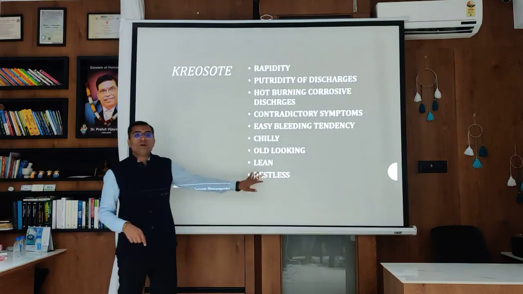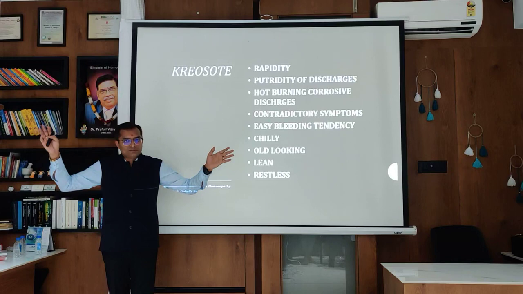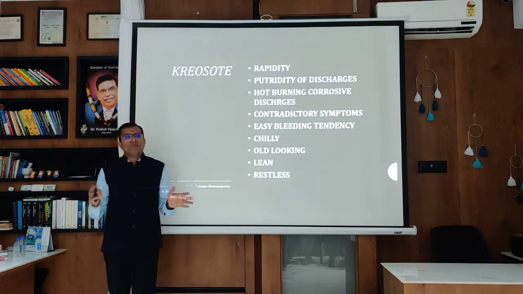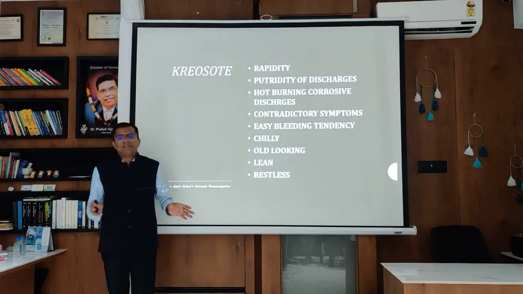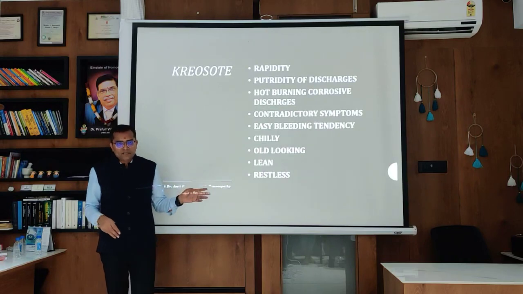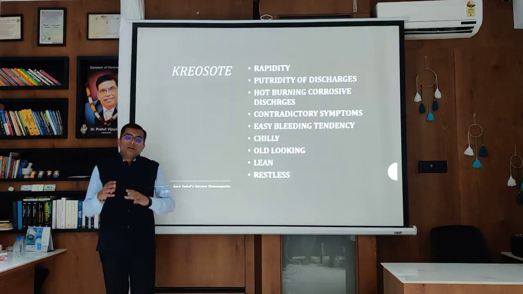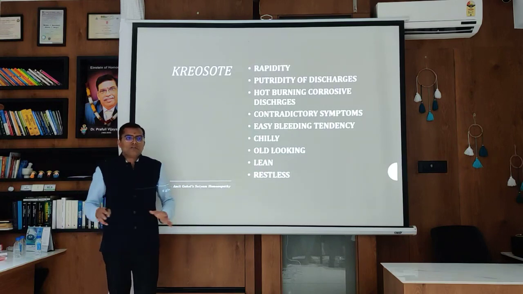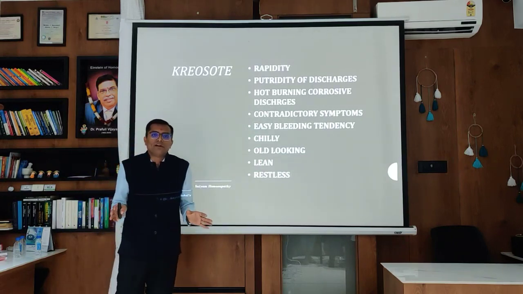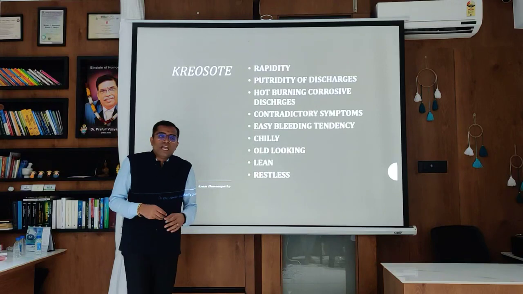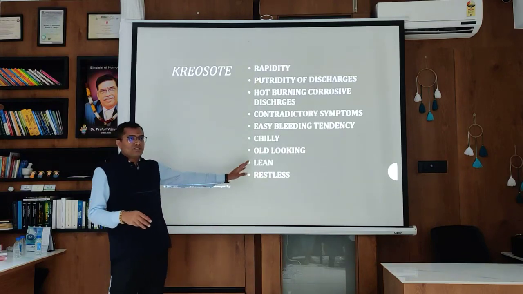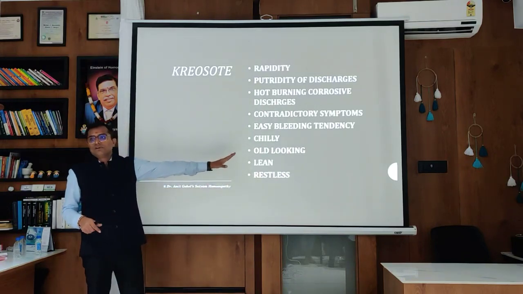So when you find Phosphorus-like constitutions, but very offensive, very fast, very rapid destruction going into a syphilitic state, you can think of Creosote. Again, Phosphorus is very affectionate, lovey-dovey kind of personality, but when you find an angry type of Phosphorus with destructions and cancer, you can think of Creosote.